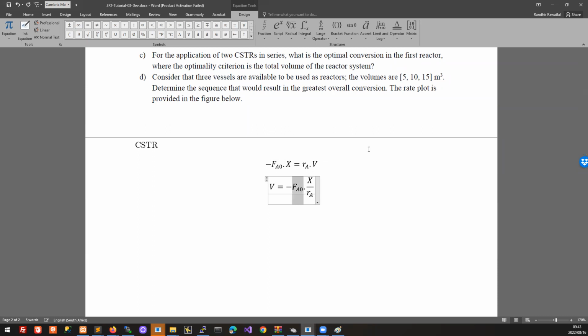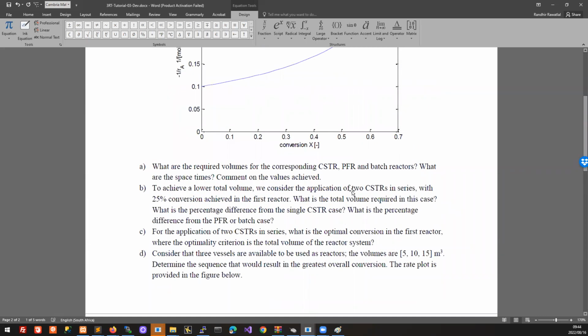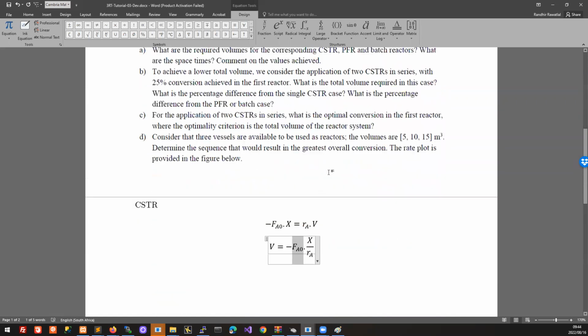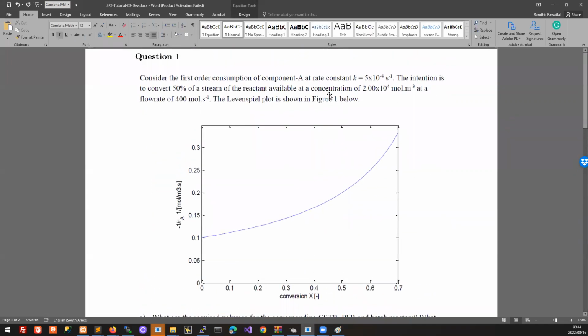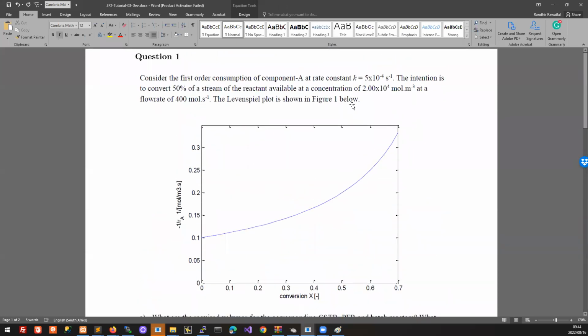FA naught is given to us, and X is also, and RA we can read off. So let's do it. FA naught, the molar flow of component A, is 400 moles per second, and the conversion that we want to achieve is 50%.